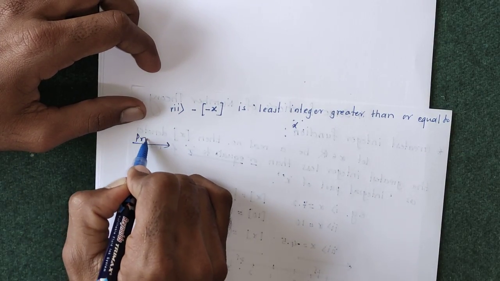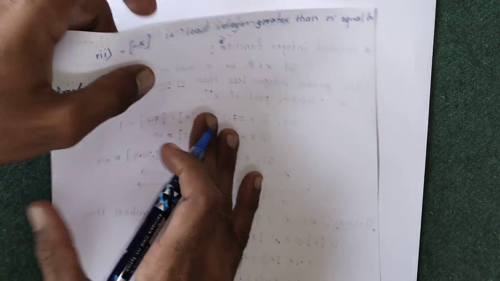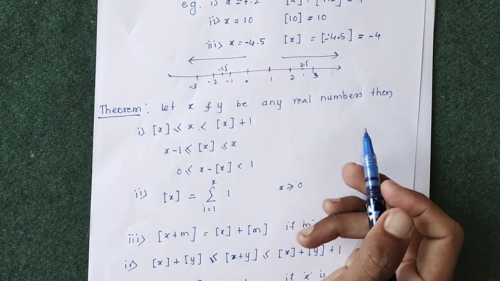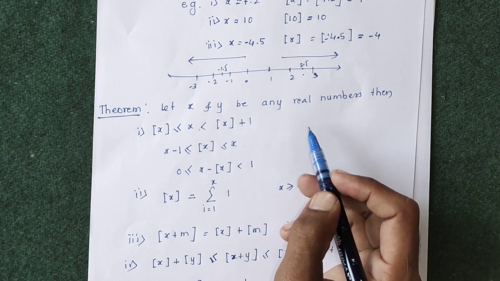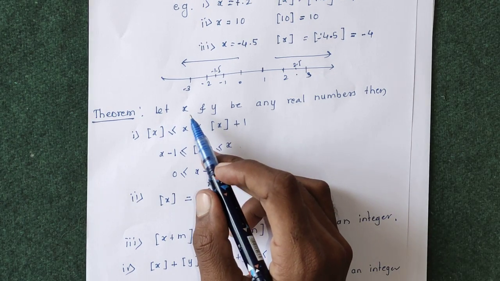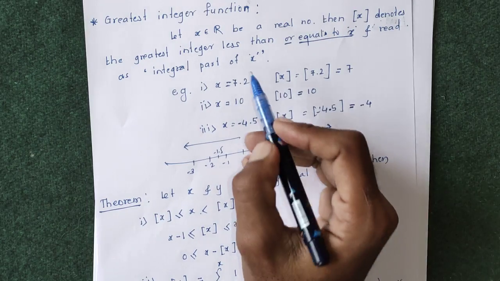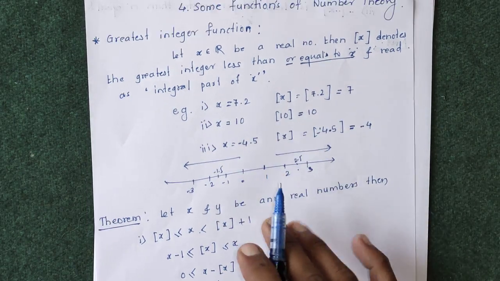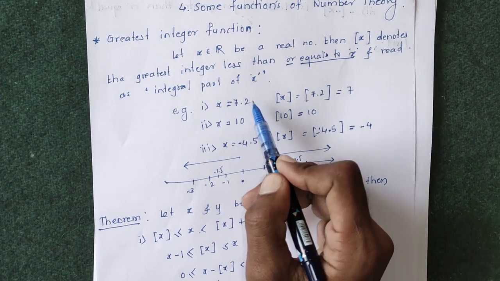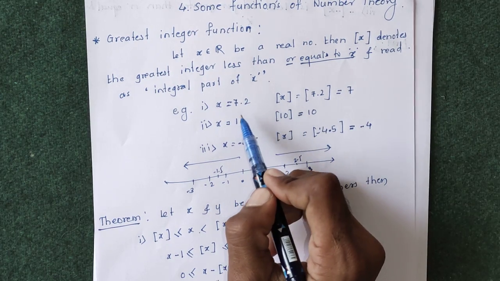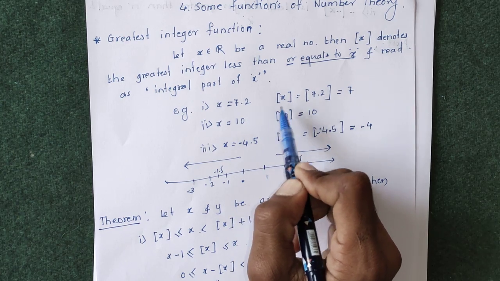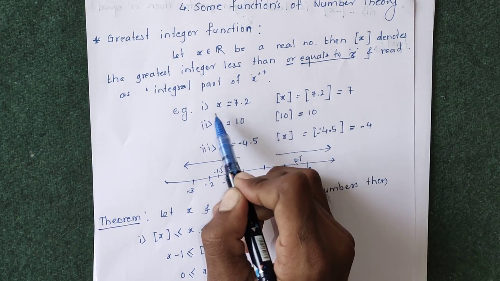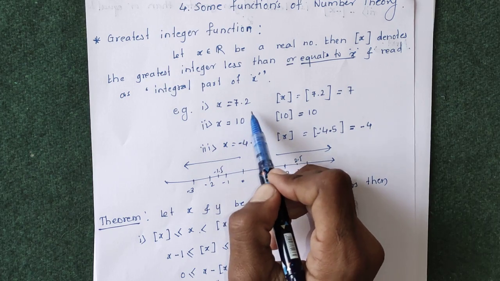In the proof, first of all, we are given that x and y are any two real numbers. So, we can express x and y as any real number. For example, if we take x equal to 7.2, then we can write 7.2 as 7 plus 0.2.